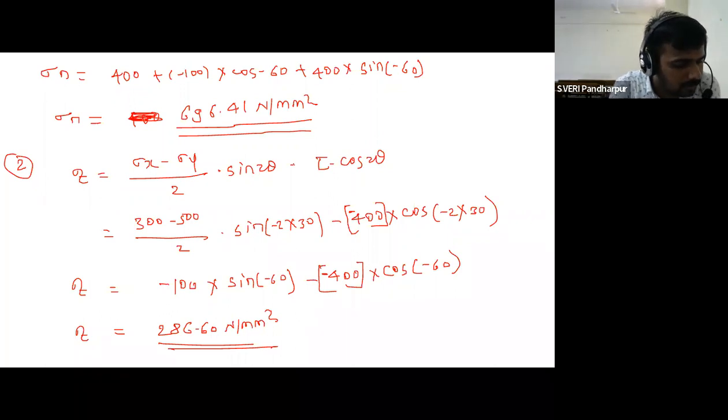Okay, now it's correct. So take the sign conventions properly for theta and for the shear stress. If it is positive or negative, take that properly and go for the solution.